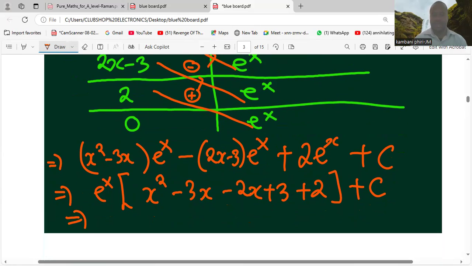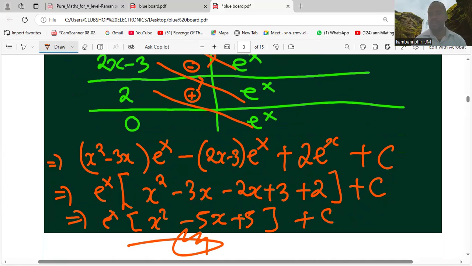So eventually we'll have e to the x times x squared minus 5x plus 5, plus the arbitrary constant. This is our solution, right?